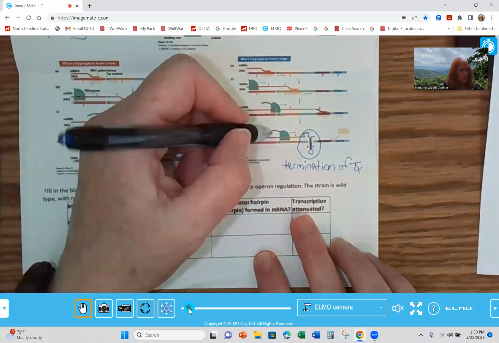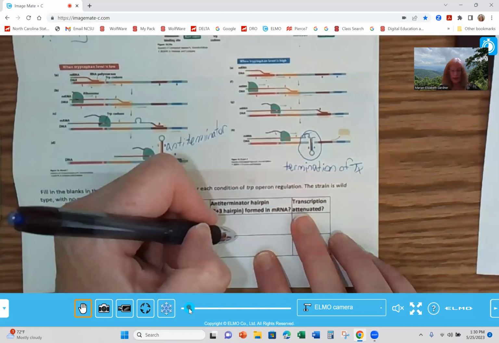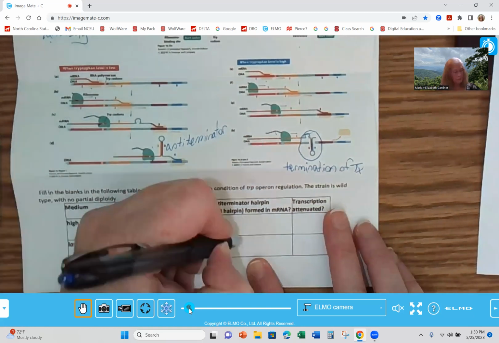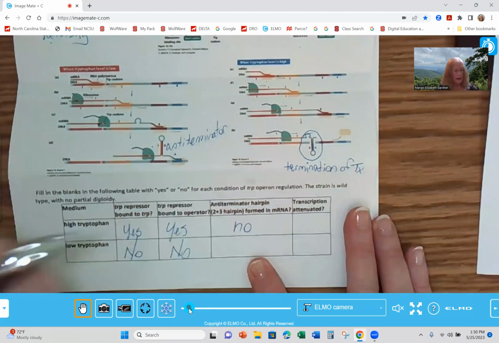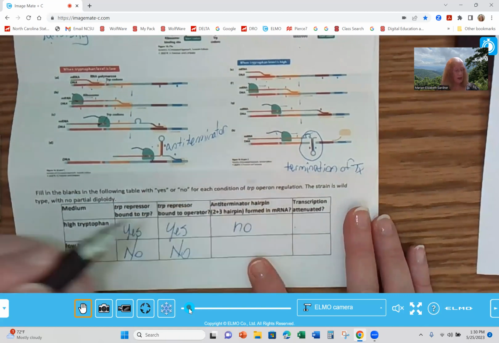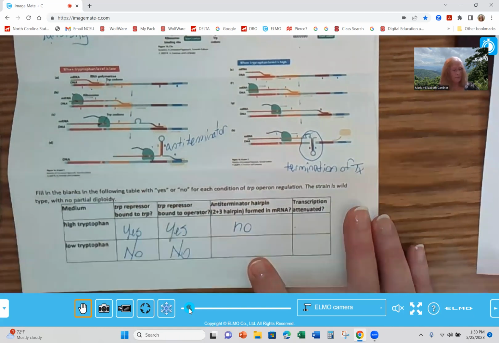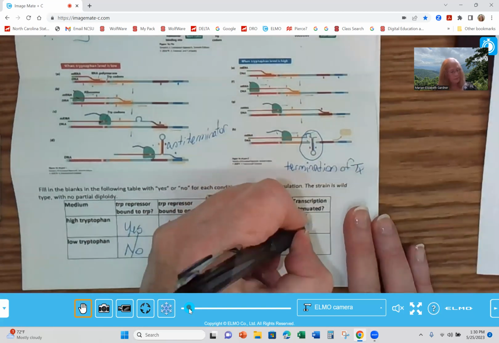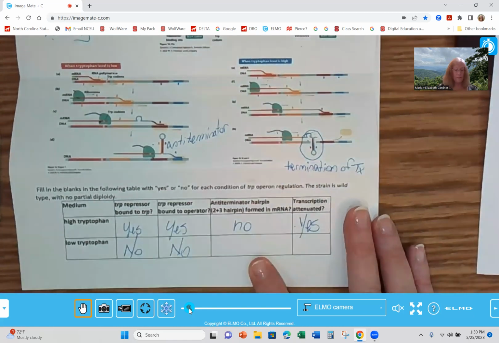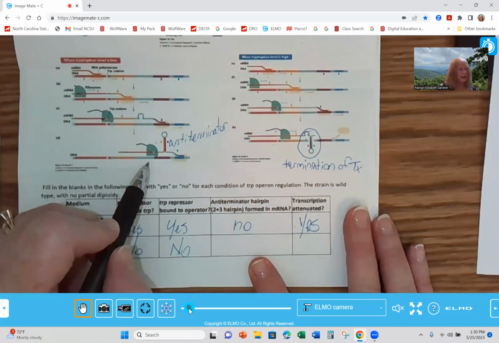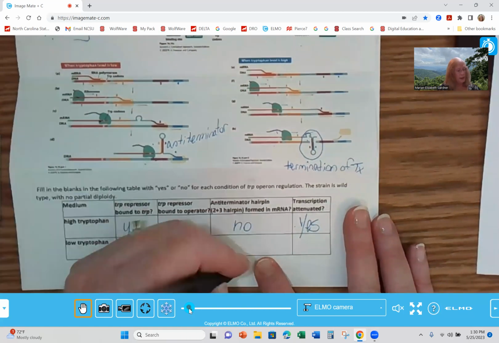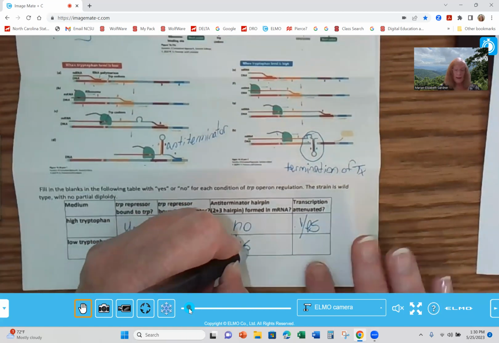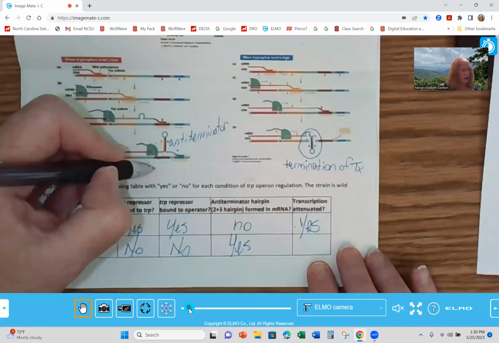Nope. With high tryptophan, we get the terminator hairpin formed. And is transcription attenuated with high tryptophan? Yeah. This is high tryptophan. With low tryptophan, is the anti-terminator hairpin formed? Yep. Is transcription terminated? No.